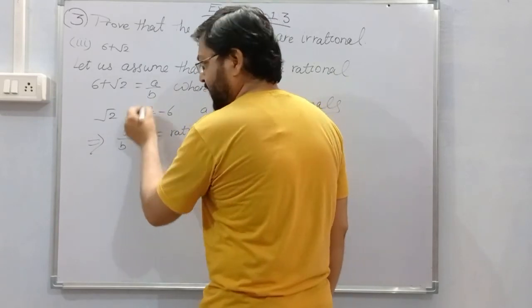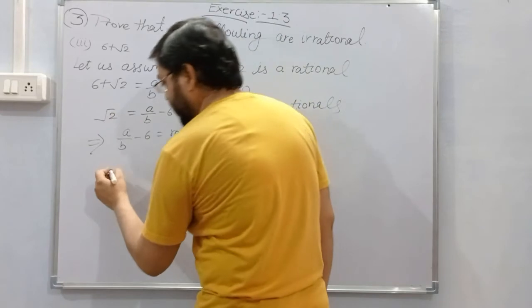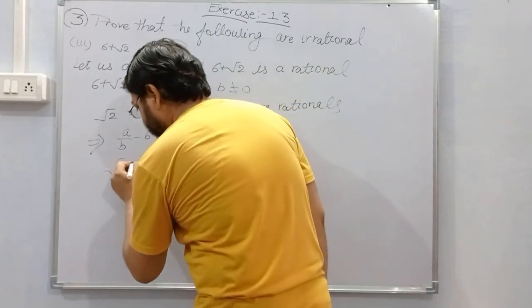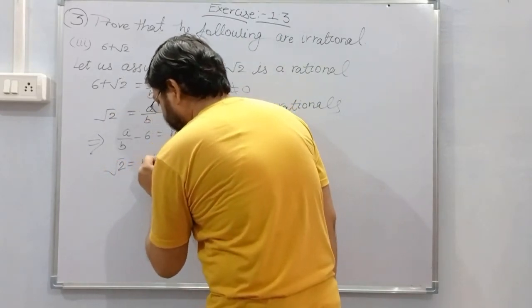If this is rational and this is equal to root 2, it means root 2 is also rational.